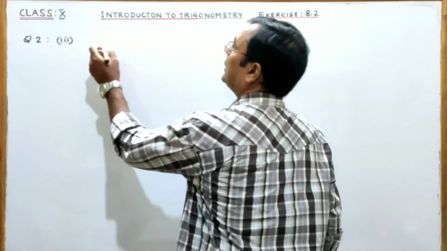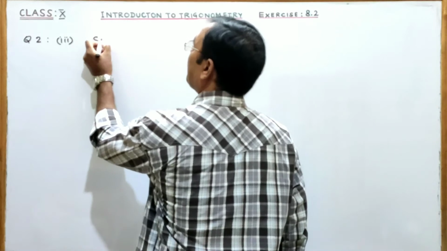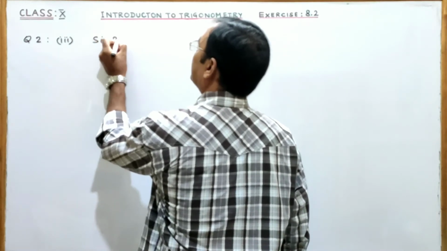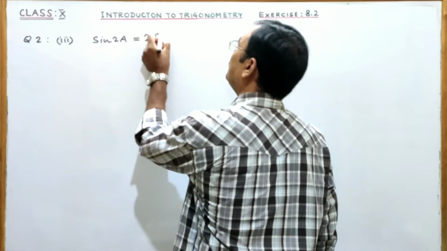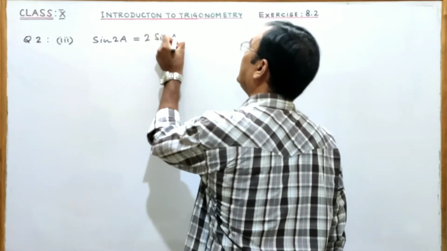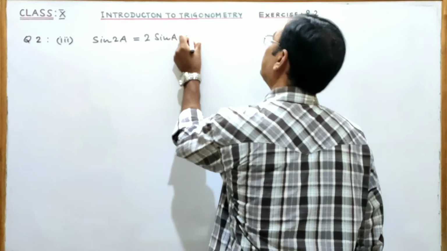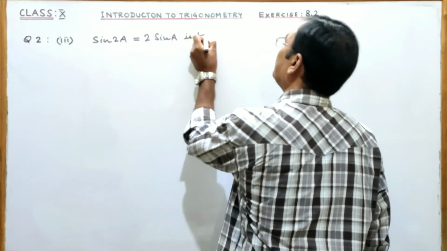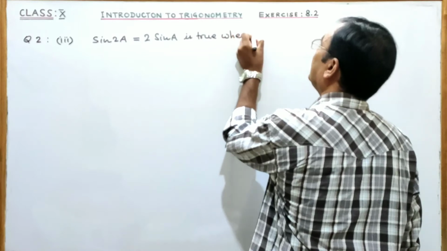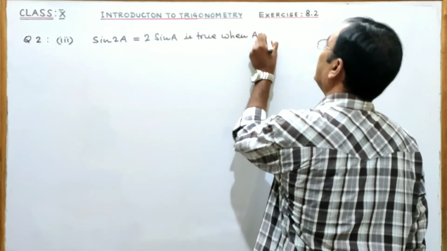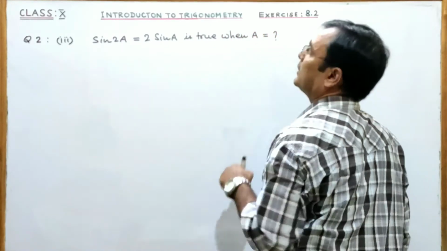So the third part is sin 2a equal to 2 into sin a is true when a equal to what?